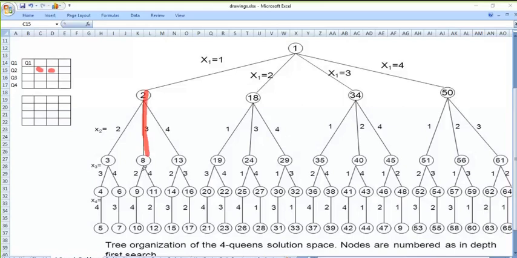The first possibility is that for the third queen I can keep it on the second column.